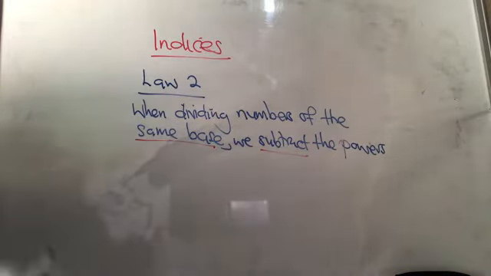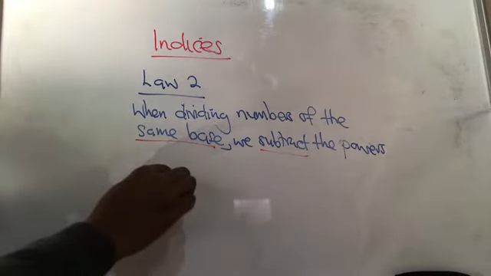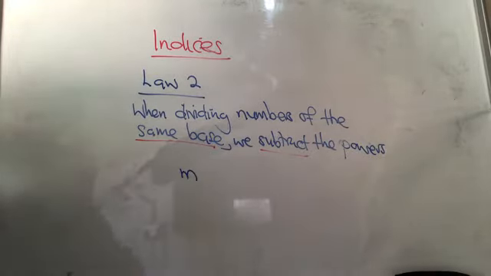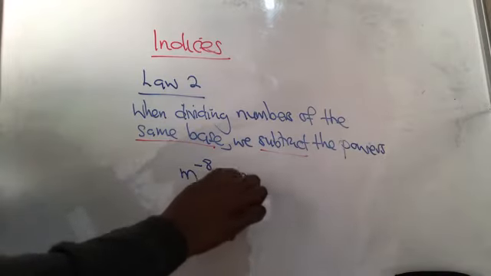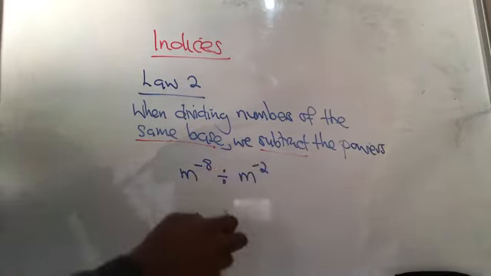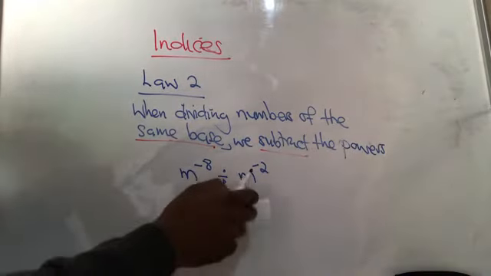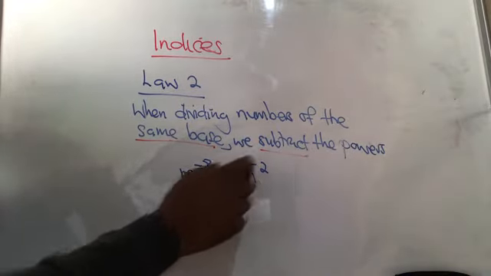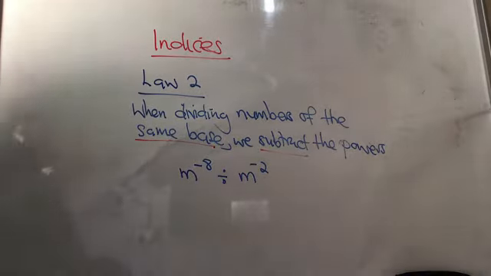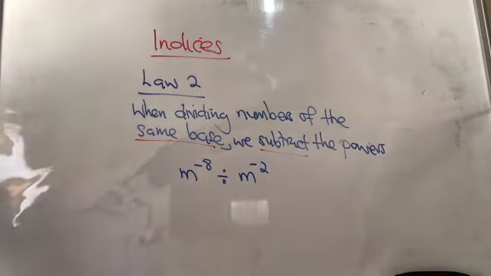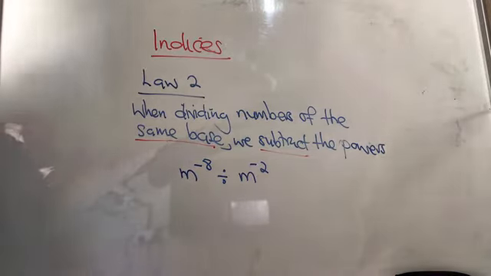What if I show you the same example, but this time I'm using a negative power? So this is negative 2. m to the power minus 8 divided by m to the power minus 2.